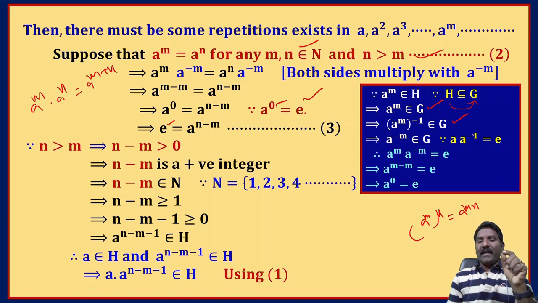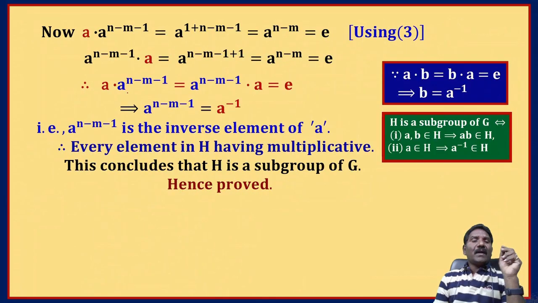We know that a inverse a equals e. Now a into a power n minus m minus 1 is equal to a power 1 plus n minus m minus 1, since a power m into a power n is a power m plus n. So the 1 cancels, giving a power n minus m.